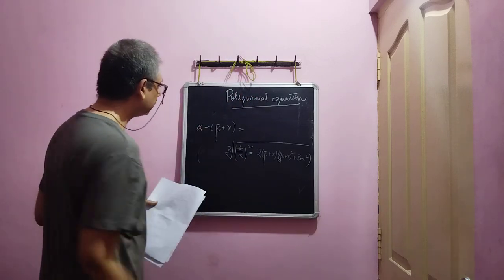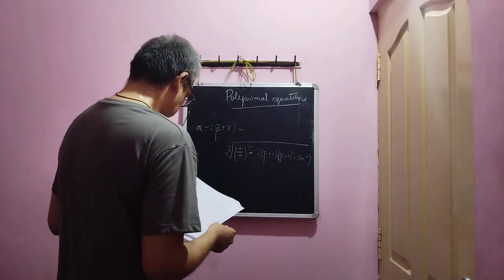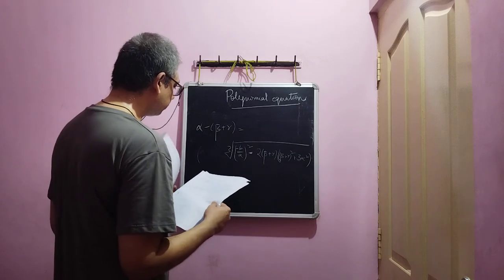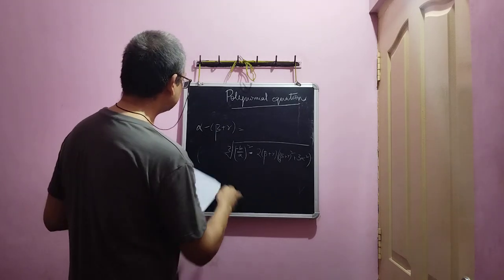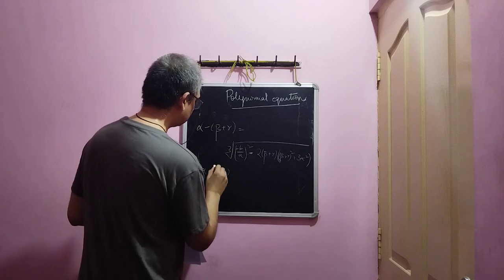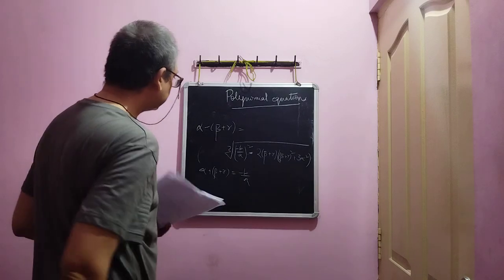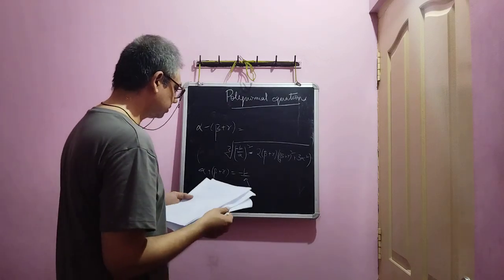So this we will get alpha minus beta plus gamma. So in general, substituting and adding, alpha plus beta plus gamma equals minus b by a. Adding the two together you get this.